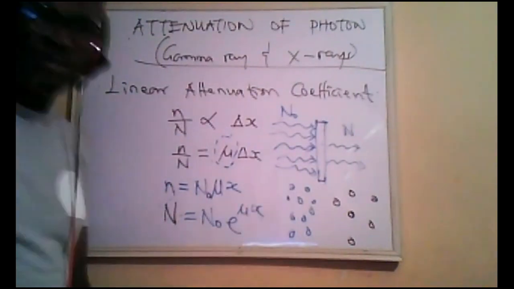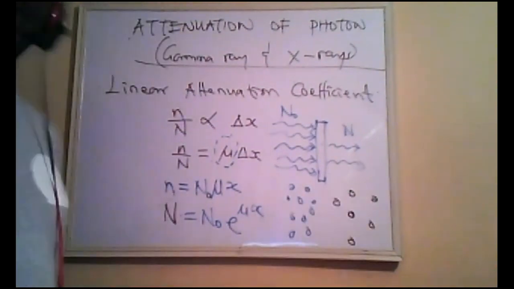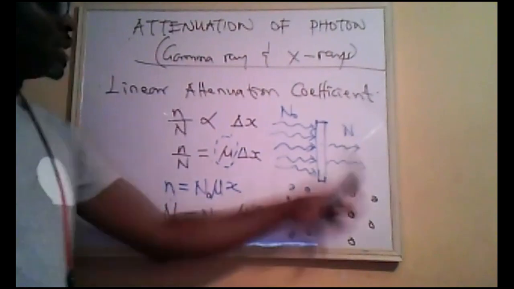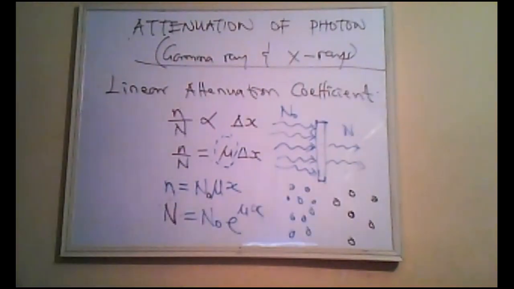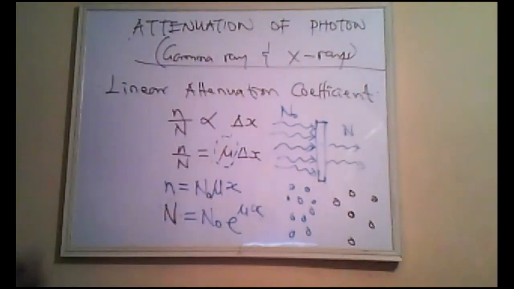So the more the density of a particular material, the more the attenuation that material is going to present to the photons passing. So density is very, very key. It's a factor that determines the rate at which a photon is going to be attenuated.